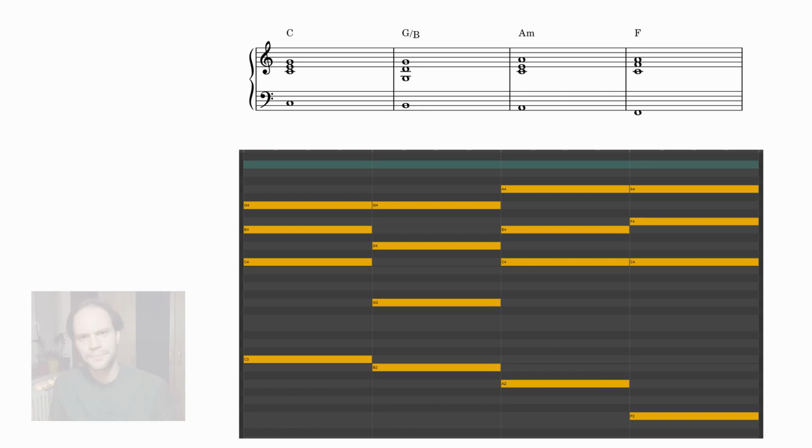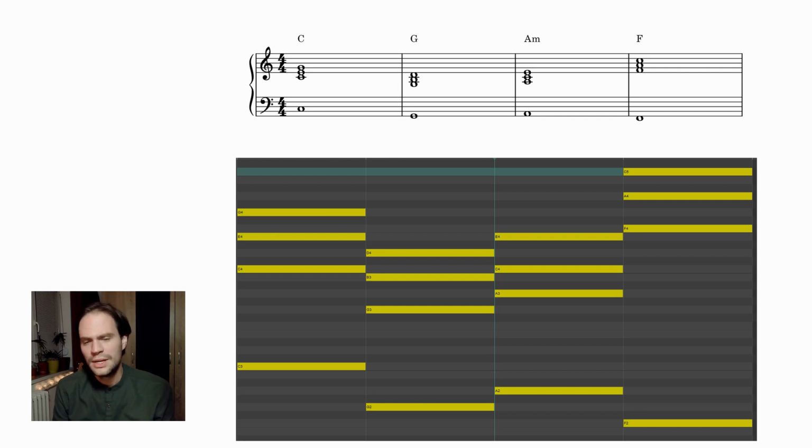Let's have a listen. And this was a nice example of a descending bass line.